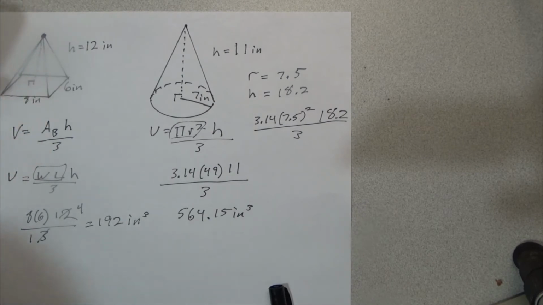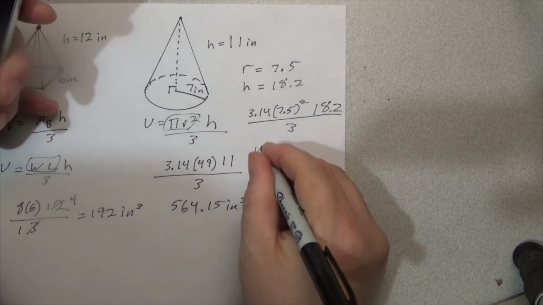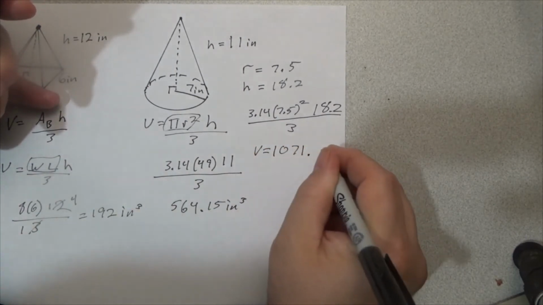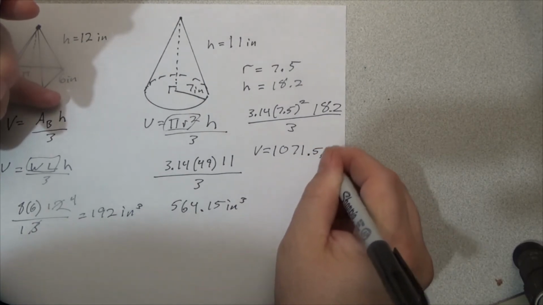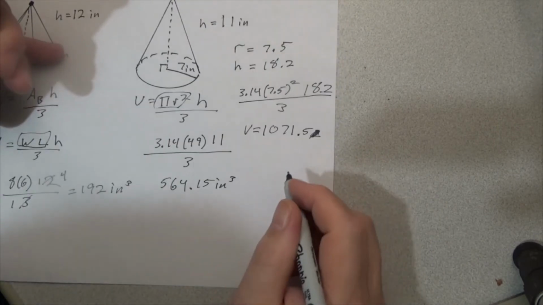Okay, fraction bar: 3.14 times 7.5 squared times 18.2, denominator 3. So the volume of the entire thing is 1,071.5. Let's just round it to that, that's good enough.